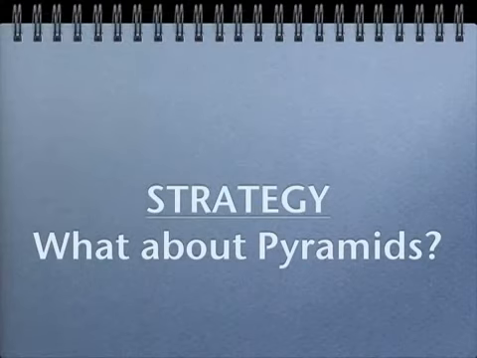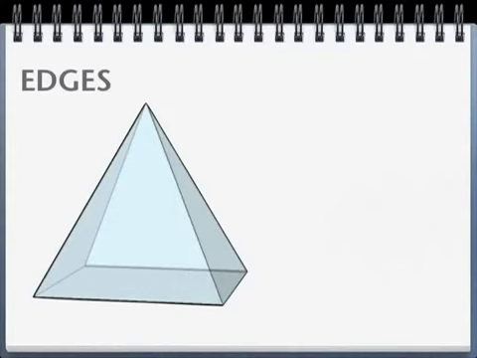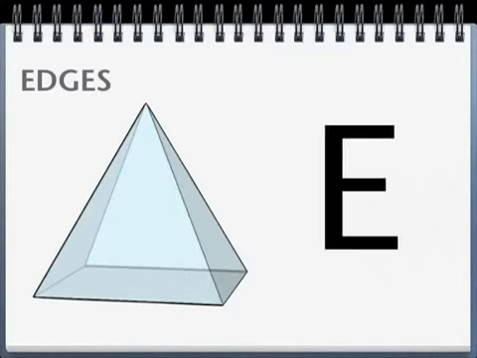It's the same strategies, just a little different, especially with the edges, because if you're looking at it as a building, the pyramid has no top floor. So again, we're going to do our E, and it has 0 on the top floor. 1, 2, 3, 4 in the middle floor.